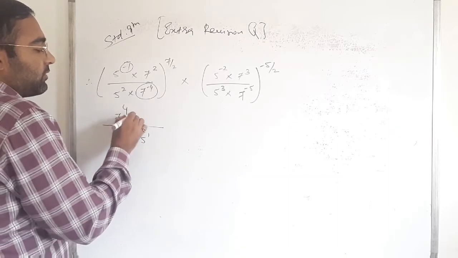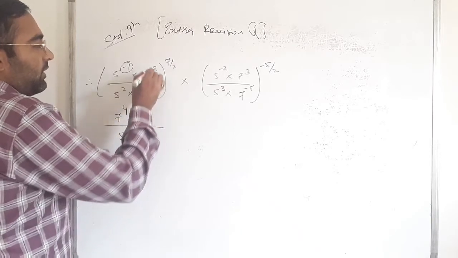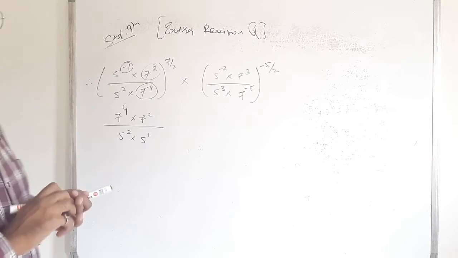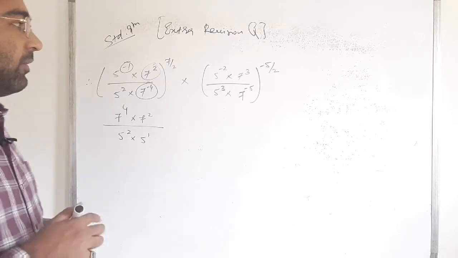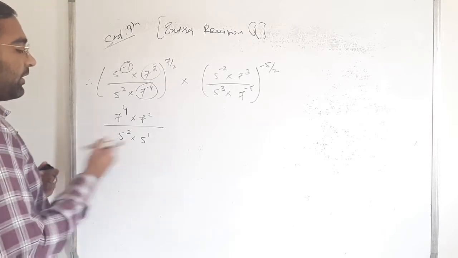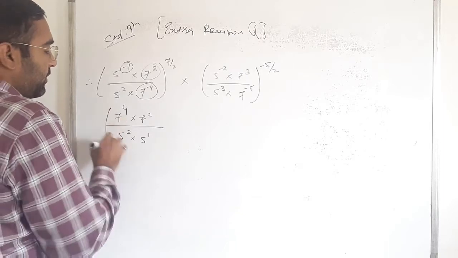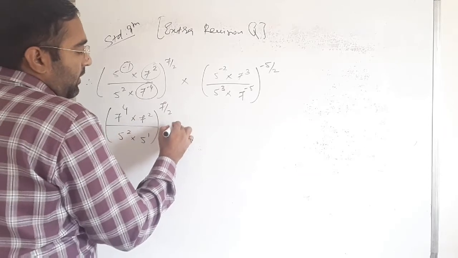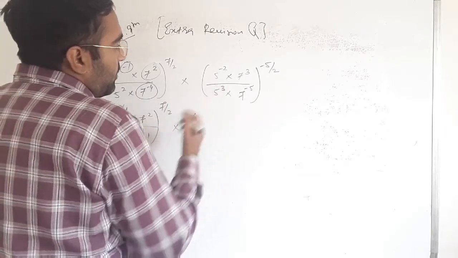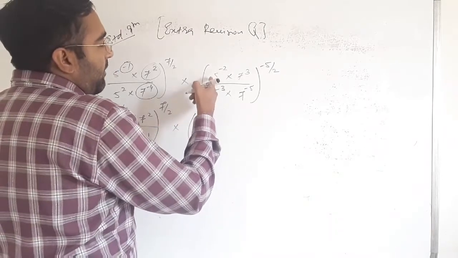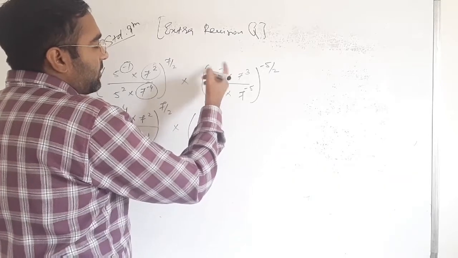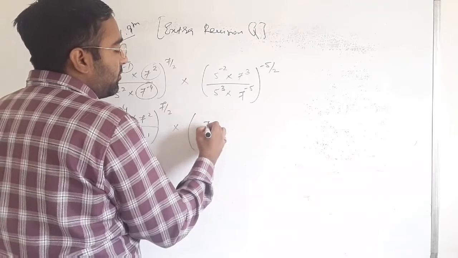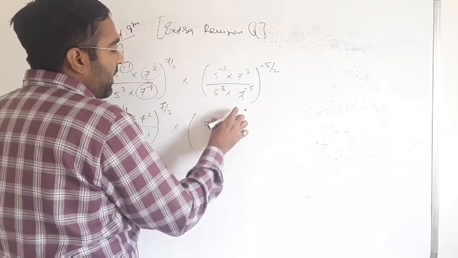So 7 raised to 4 into 7 square is already given here. So all my powers are converted into positive, and raised to 7 by 2 is already given. Now here also 5 raised to minus 2 is shifted to the denominator, and 7 raised to minus 5 is shifted to the numerator to make a positive power.